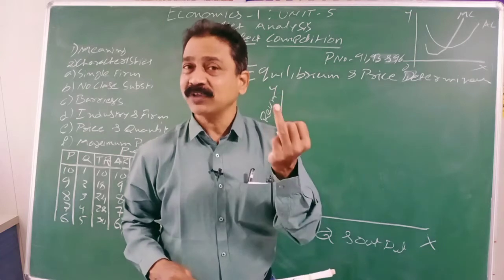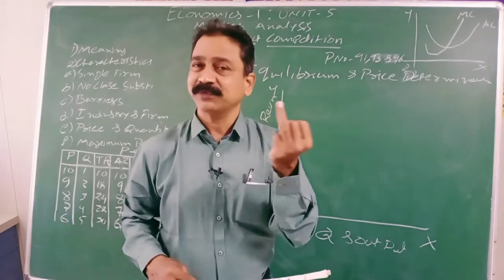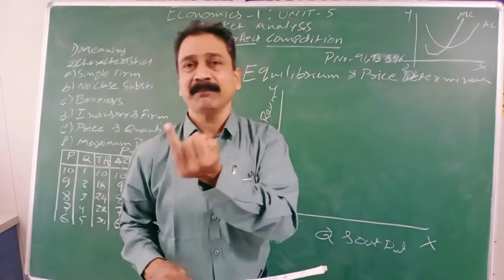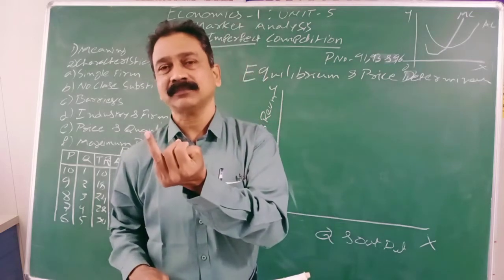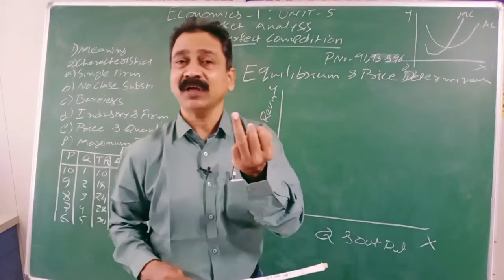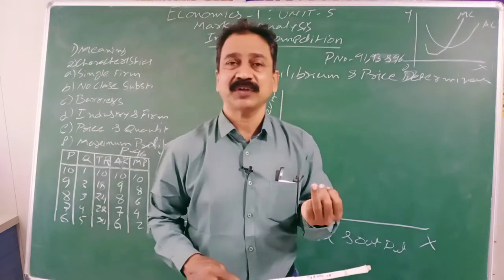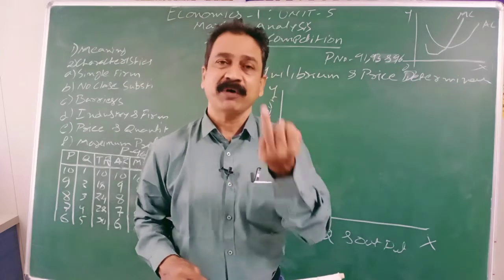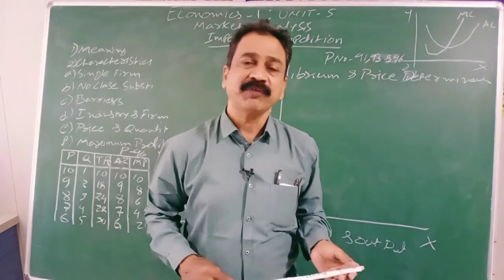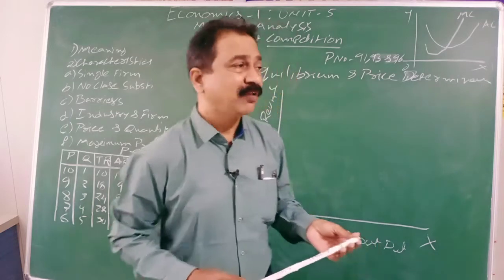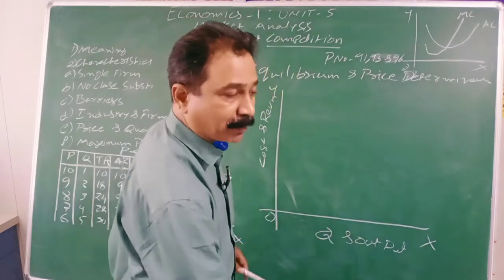In the competition-based market, we have seen 2 types, perfect competition and imperfect competition. And we have seen already what are the characteristics of perfect competition. Now we will see imperfect competition. In this imperfect competition, particularly today, we are going to discuss monopoly.